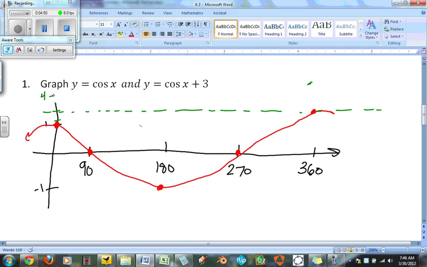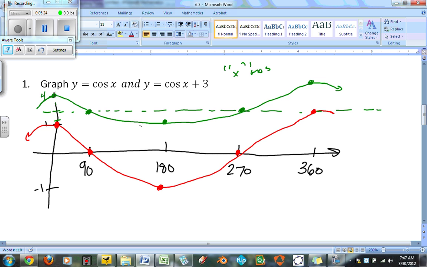And you know that cosine starts at 1 at 0, and then at 90 it's at 0, and then at 180 it's down at negative 1. Well, in this case it's going to be 2, but it's down 1 from where our new quote-unquote x-axis is. So all I did is shift my x-axis up, and then I know it's at 0 at 270, and it's up 1 at 360, so that looks like a much better graph than what I had before.